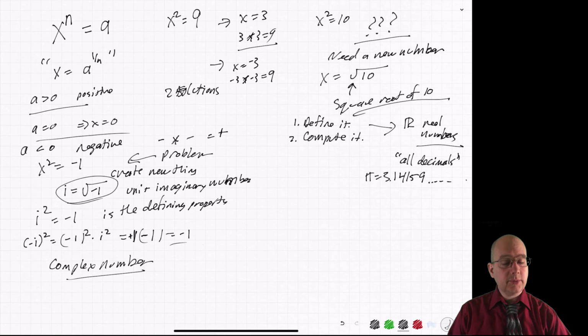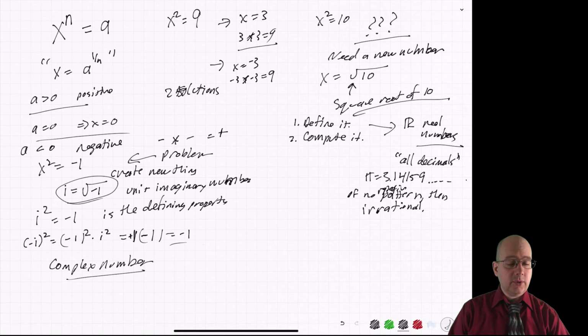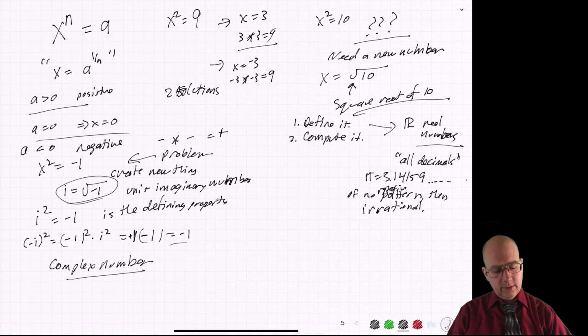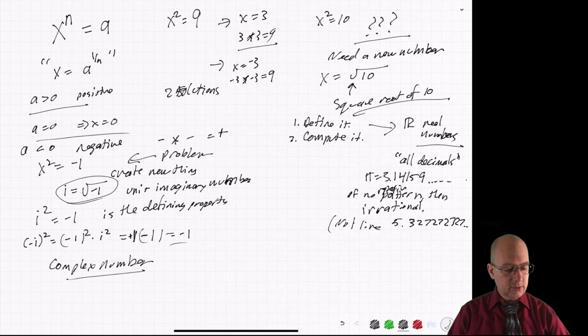It's actually an irrational number. If no repeating pattern, then irrational. Obviously, there is a pattern to computing out pi in the sense that we can compute it out. But it's not a repeating thing. It's not like 5.3272727727, right?